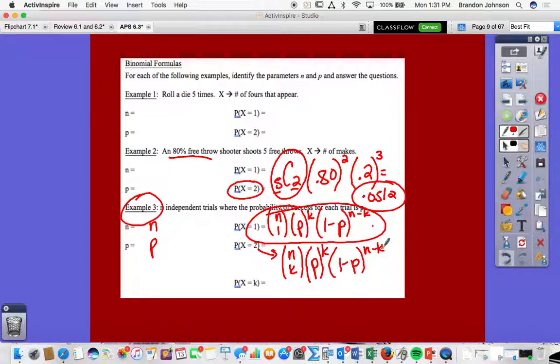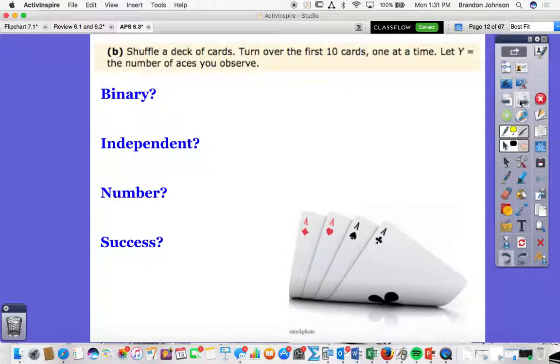Got me? And again, where in this example, 2 would go in K. Okay, so 2 would go here, here, and here. Okay? Excellent.